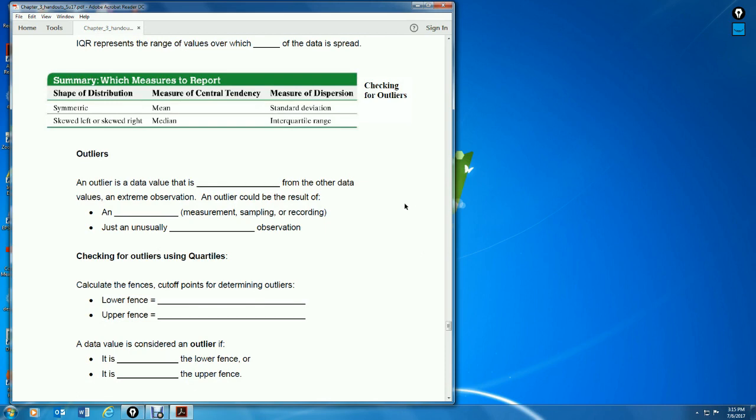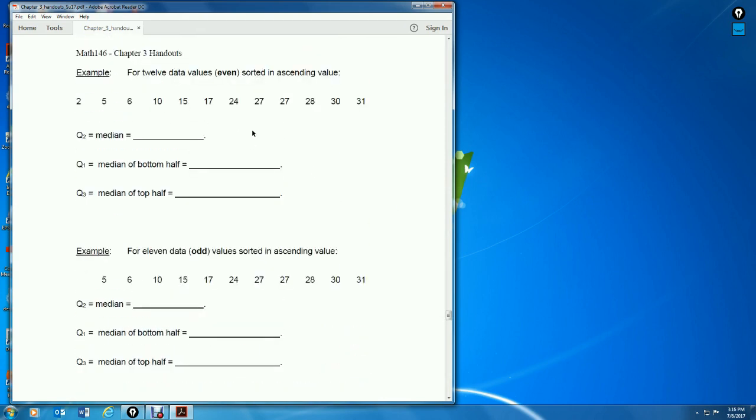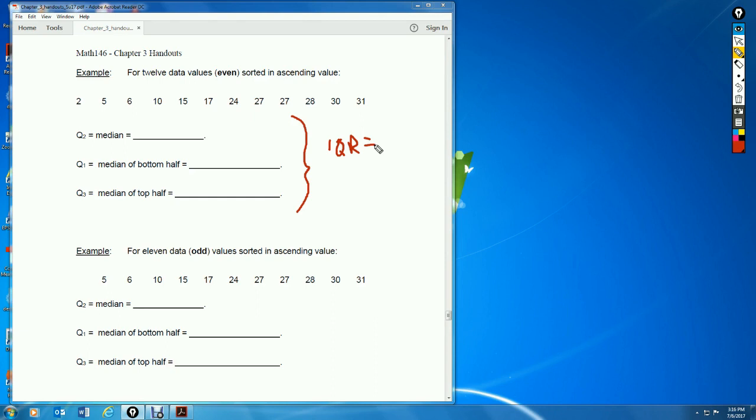Oh, sorry, I wanted to go back to this previous page where I know I've already erased this stuff on the screen, but you should have this on your paper. Let's calculate the IQR for these data sets. For the first top data set, the IQR would be equal to Q3 minus Q1, which would be 27.5 minus 8, or 19.5.